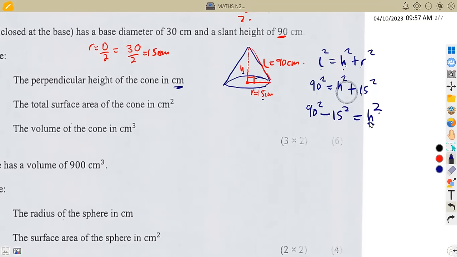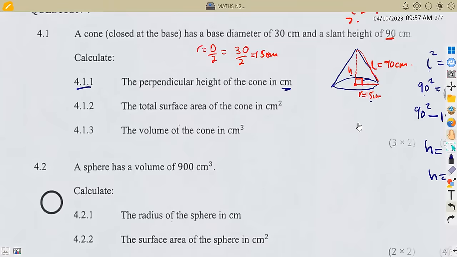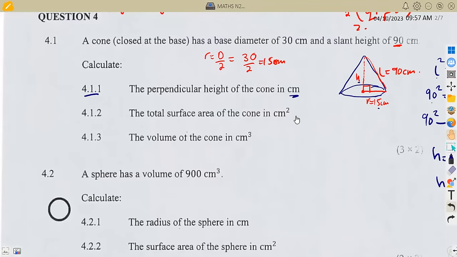So h is going to be the square root of 90 squared minus 15 squared. That is going to give us 88.741 centimeters to 3 decimal places. So that was how we could have calculated the perpendicular height of this cone.